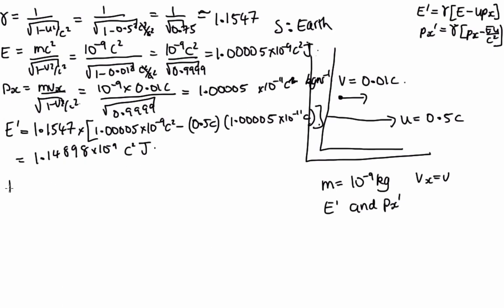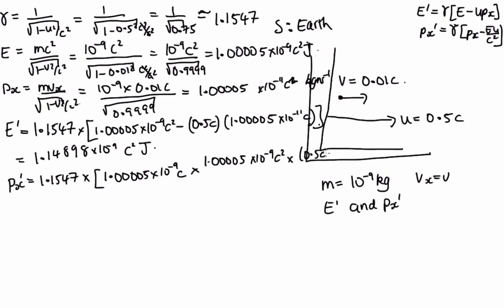Now we can do a similar thing for Px. So Px prime is equal to, in this case, gamma, which is 1.1547, times Px, which is 1.00005 times 10 to the minus 11 c, minus E, which is 1.00005 times 10 to the minus 9 c squared, times u, which is 0.5c, all over c squared.